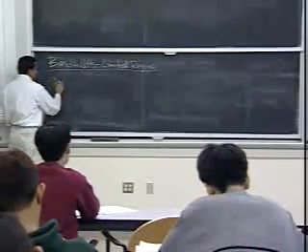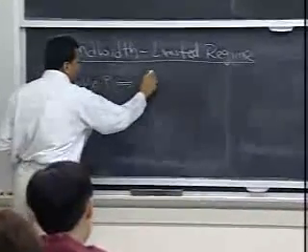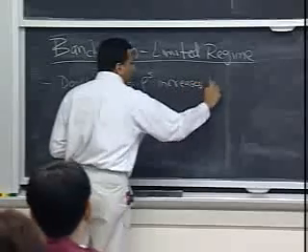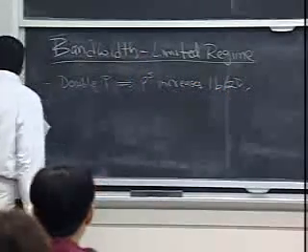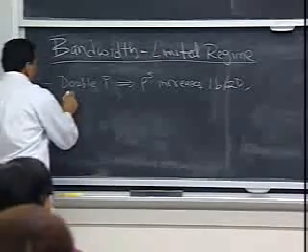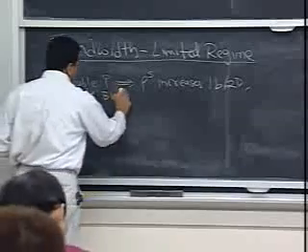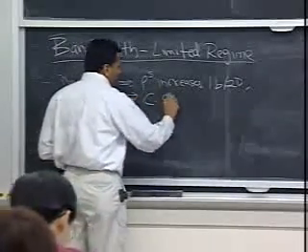If I double P, my spectral efficiency increases by 1 bit per 2 dimensions. Similarly, if I double bandwidth, my capacity C approximately doubles.